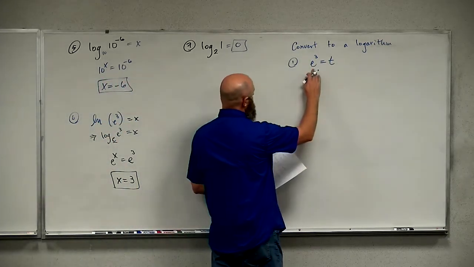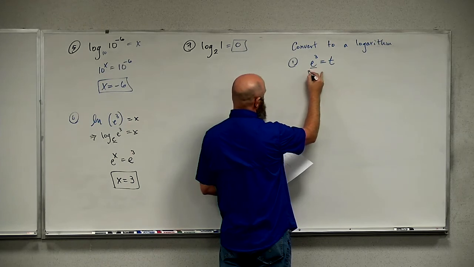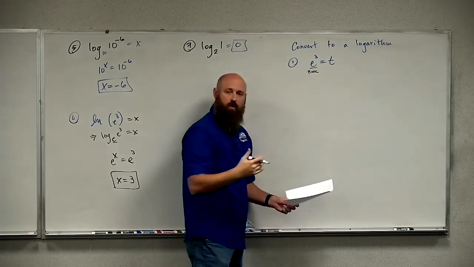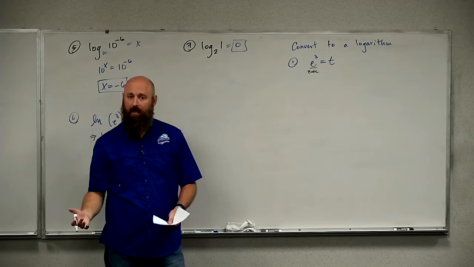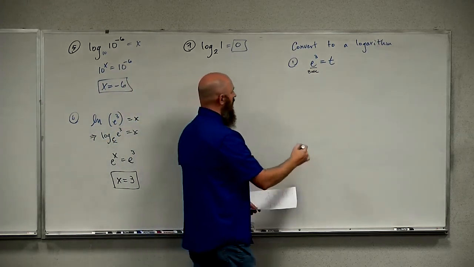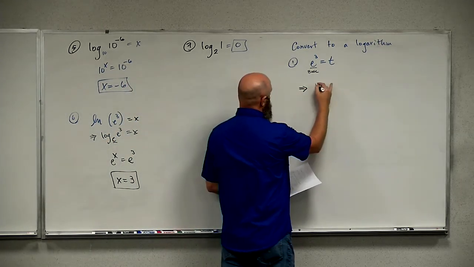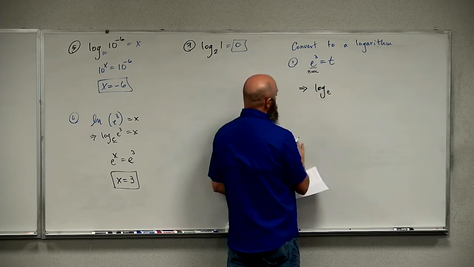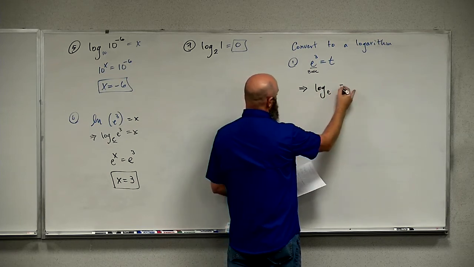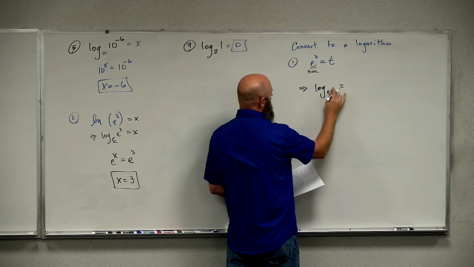All right, so here is our base. Always remember that this is the base. It's called the base when we're talking about exponents. It's also going to be called the base when we're talking about logarithms. So this is going to tell me that this is log base e. Well, now we have a number going in these two spots.